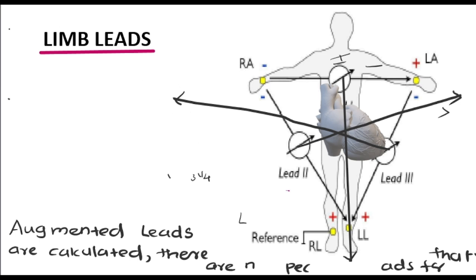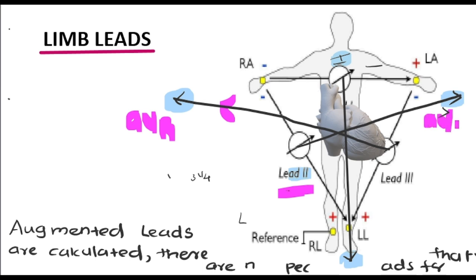They don't have an electrode. These are calculated. This is the lead that is perpendicular to lead 3, again perpendicular to lead 2 we have another lead, and perpendicular to lead 1 we have another lead. This lead that is perpendicular to lead 3 is called aVR. Why? It's going towards the right side of the patient. Perpendicular to lead 2, we have a lead that is going towards the left side of the patient.